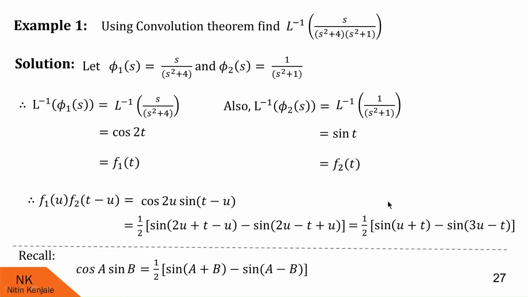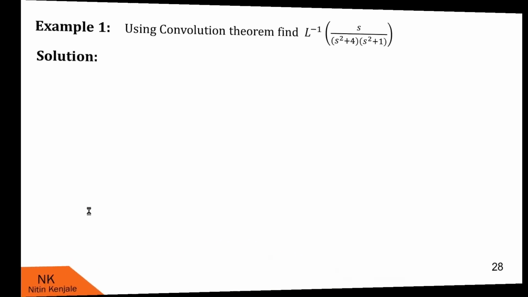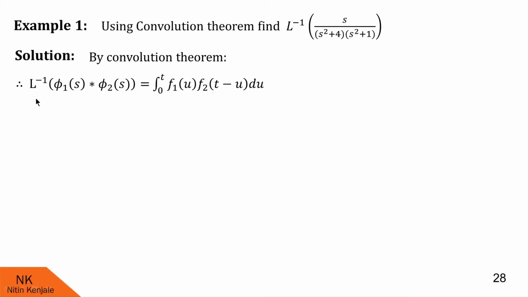Now let us substitute this product f1u into f2t minus u into convolution theorem. According to convolution theorem, L inverse of phi 1s into phi 2s is integral of f1u into f2t minus u du over the limit 0 to t. We have already found what is f1u into f2t minus u.